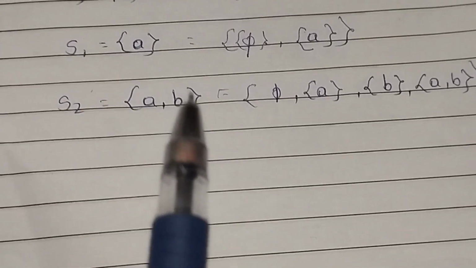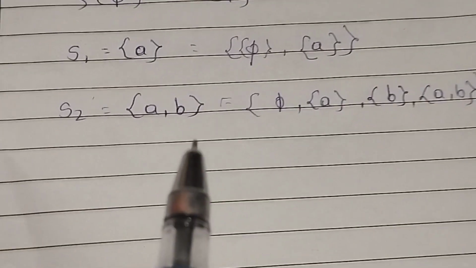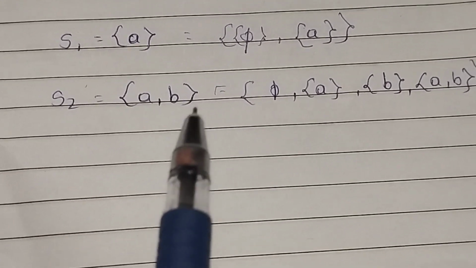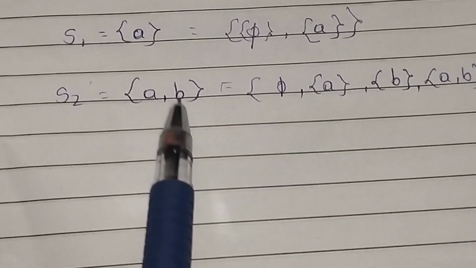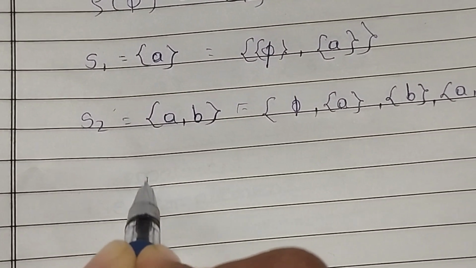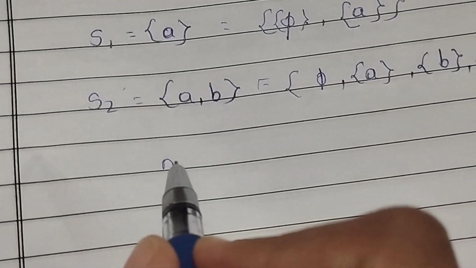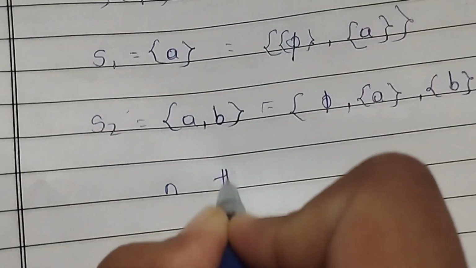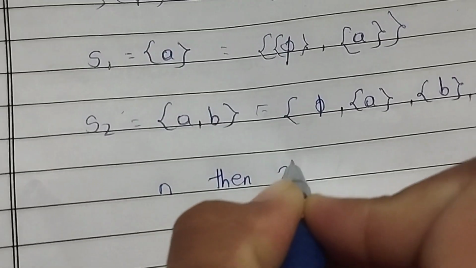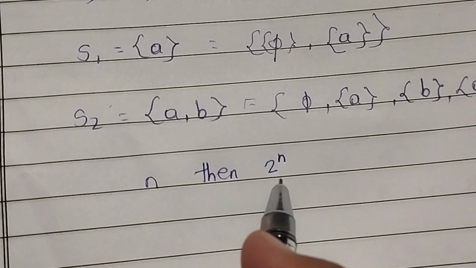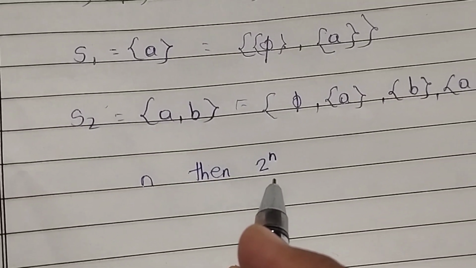So how do we find how many subsets are created by one set? Suppose the number of members is n, then 2 raised to n subsets are formed. This is the formula.